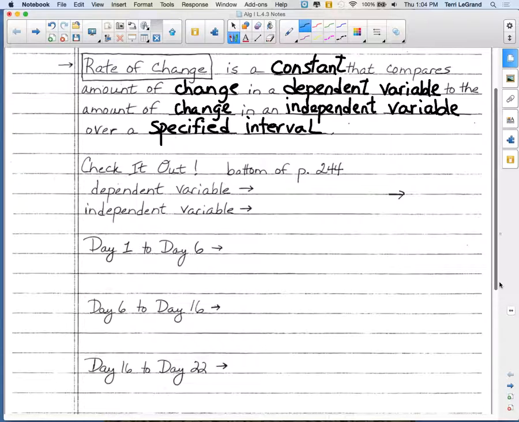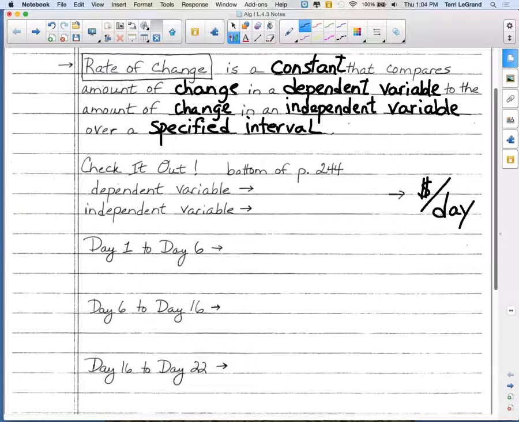Dollars per day? Does it make more sense to say how many dollars there were per day versus how many days there were per $1? Okay, so dollars per day. So I'm thinking that the first thing I would do is just figure out that label. Won't that help me decide what the dependent variable should be and what the independent should be?